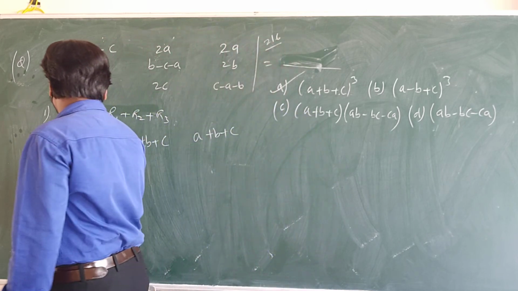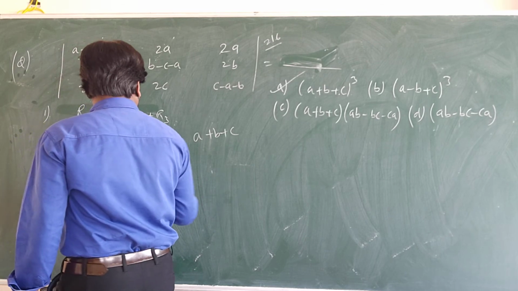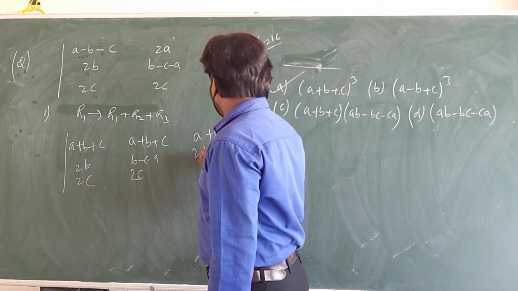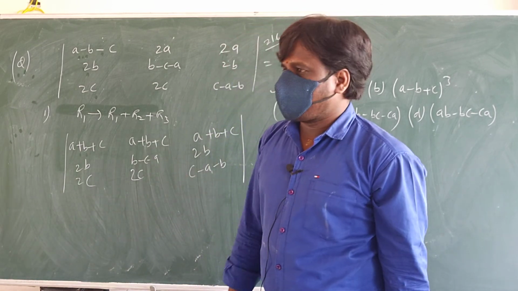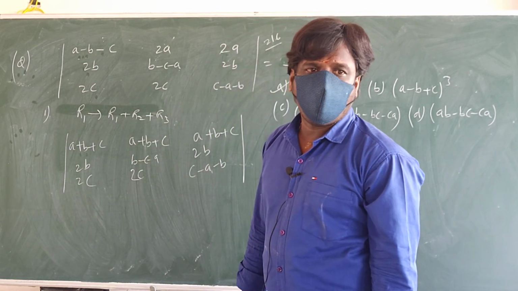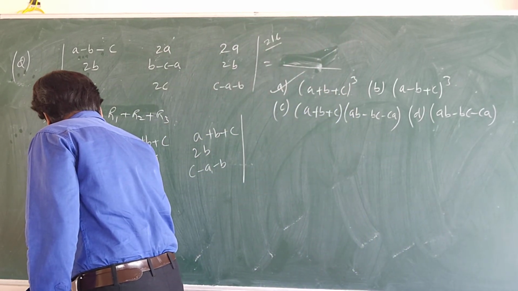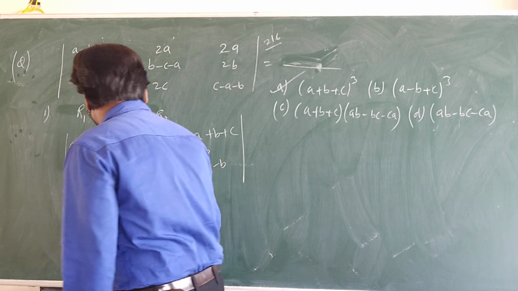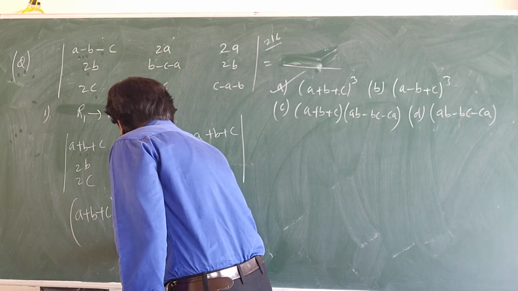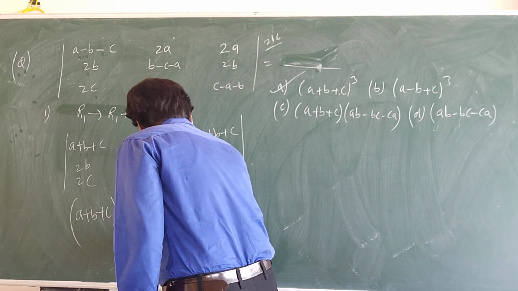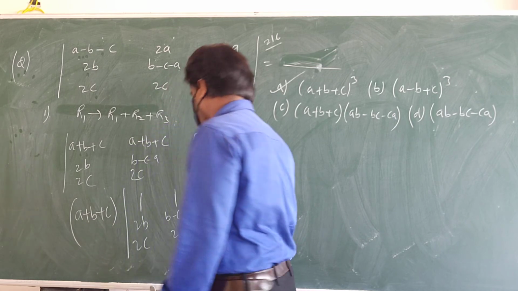So what I get here? 2B, 2C; B minus C minus A, 2C; 2B, C minus A minus B. So we take A plus B plus C common. So I get 1, 1, 1; 2B, 2C; B minus C minus A, 2C; 2B, C minus A minus B.